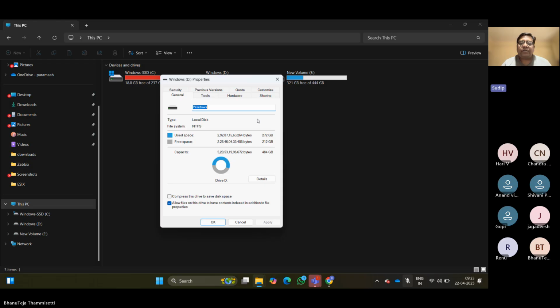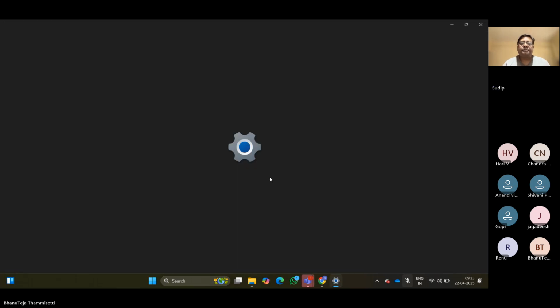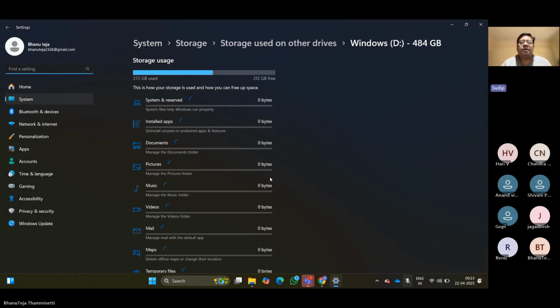And now, Bhanu, can you click on the details button at the bottom? Yes. When you click on details, it is showing you a lot more details about what kind of data is actually getting stored in your hard disk. How much is the total capacity? 484 GB. How much of it is being used? 272 GB.